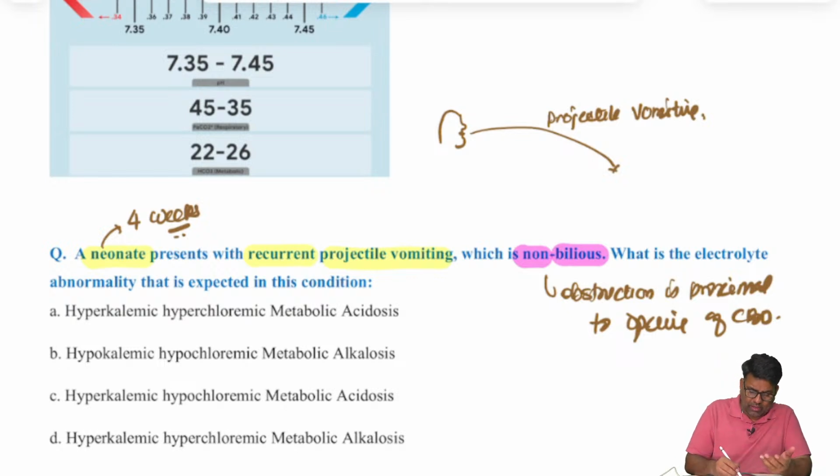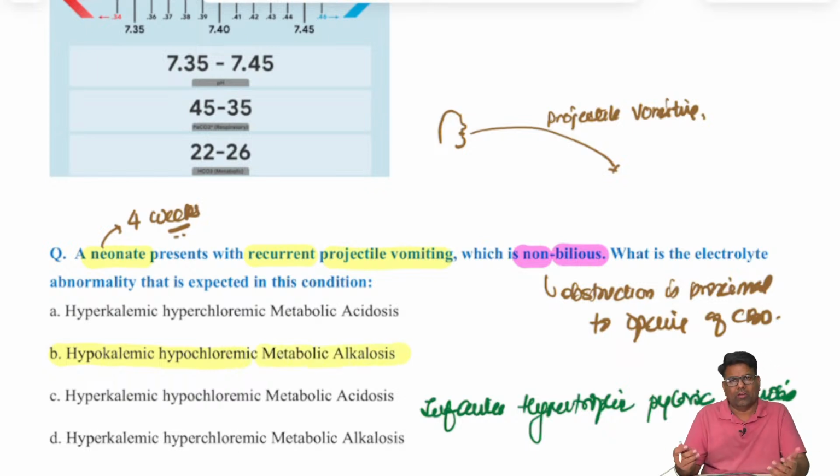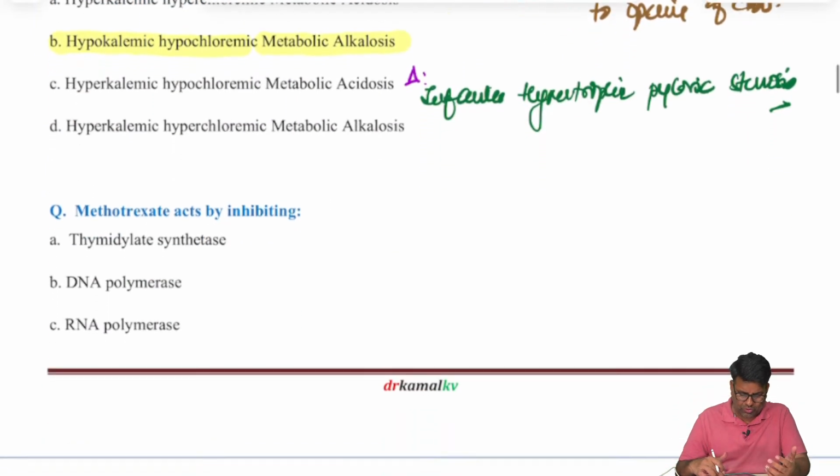So this is very suggestive of the diagnosis of infantile hypertrophic pyloric stenosis. Clear? Hypokalemic, hypochloremic metabolic alkalosis, right? So this is quite a clear question and one of the important concepts which you should know.